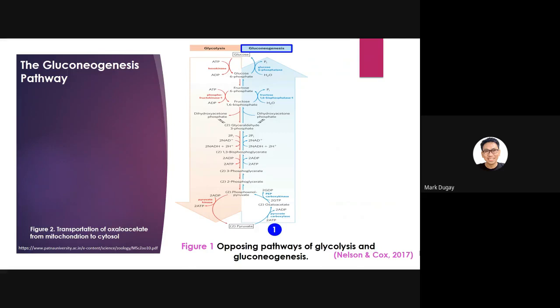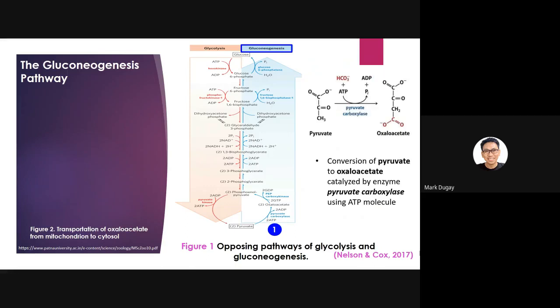Step 1 in gluconeogenesis is the conversion of pyruvate to oxaloacetate, catalyzed by the enzyme pyruvate carboxylase in the mitochondrion, where an ATP molecule is used.